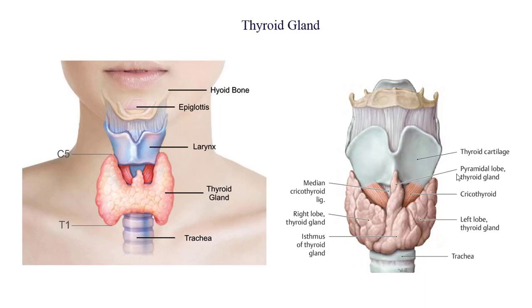This is the pyramidal lobe of the thyroid gland and can vary in size and appearance. It is thought to be a remnant of the thyroglossal duct which is present during development. Functionally, however, it is the same as the other lobes of the thyroid gland.